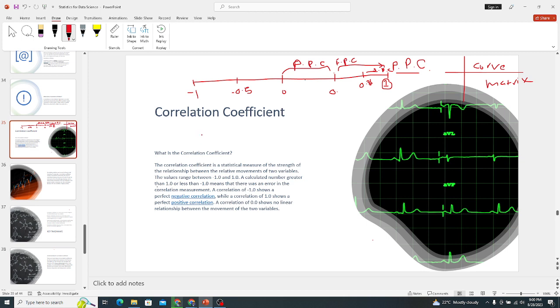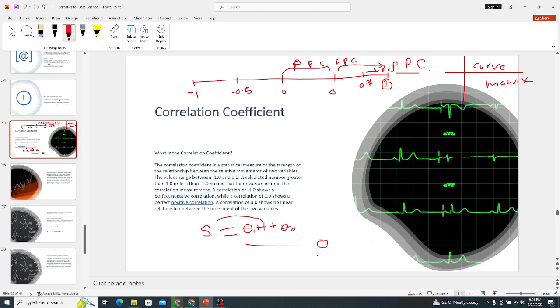Now let's say I'm trying to compare salary and height. Definitely the relationship between your height and the salary which you are being paid, you'll get a covariance of 0.